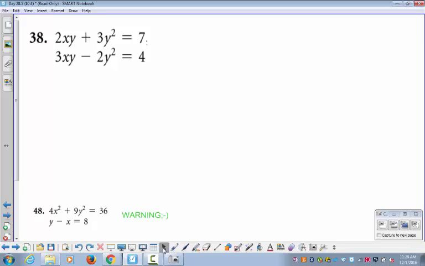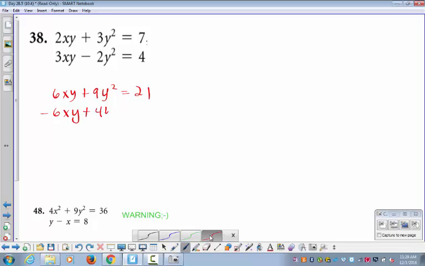So here our technique will be to use elimination, which sometimes we do, but most of the time with nonlinear systems we don't. So if we multiply the top equation by 3, we get that. And then let's multiply the second equation by -2. So then we would have -6xy plus 4y squared equals -8 multiplied by -2.